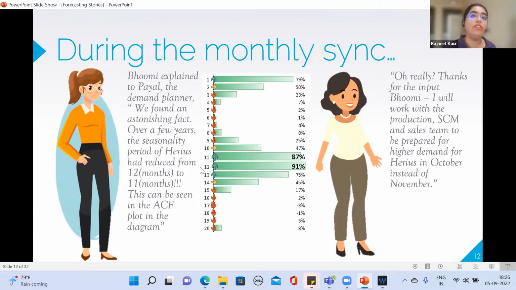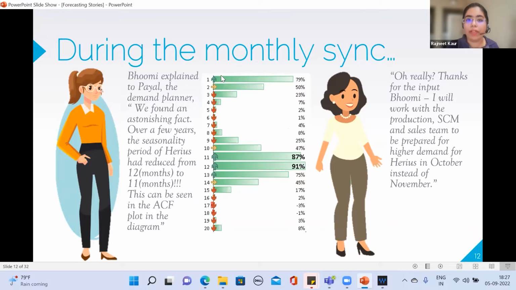ACF by itself gives you the seasonality period. So for example, my pattern is repeating after 12 months. But there is something called partial autocorrelation factor, where we are trying to see there is going to be some relation between period 1 and period 2, period 2 and period 3.